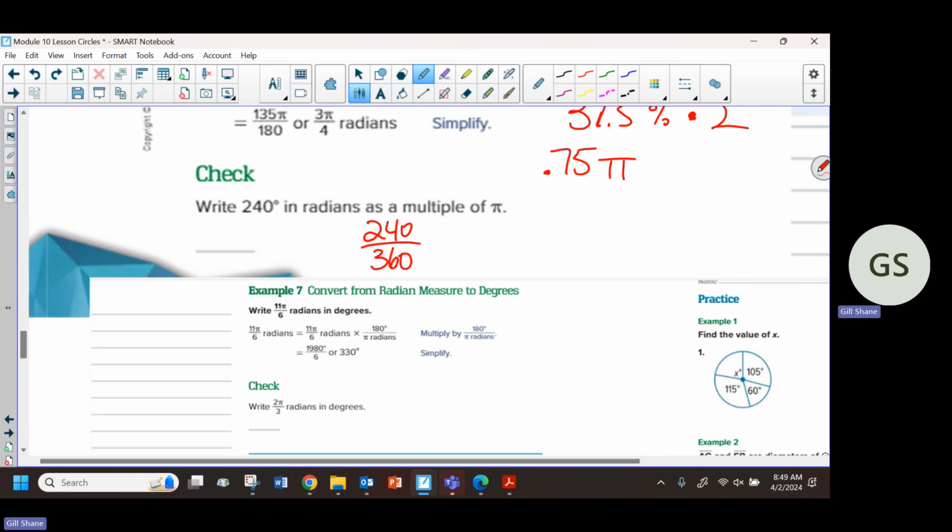I could have frozen the screen on this. You can do it as a decimal or as a fraction. I don't care which one.